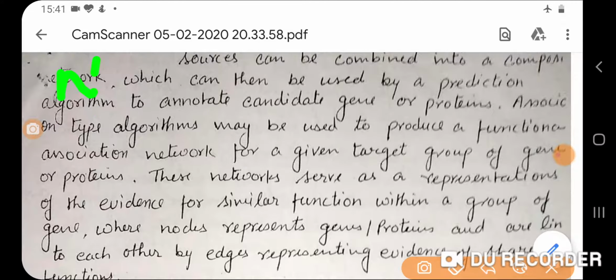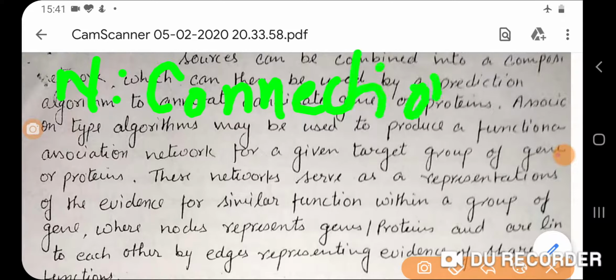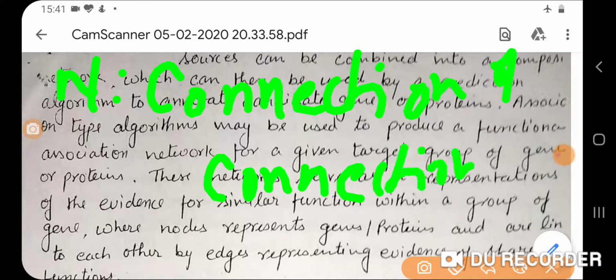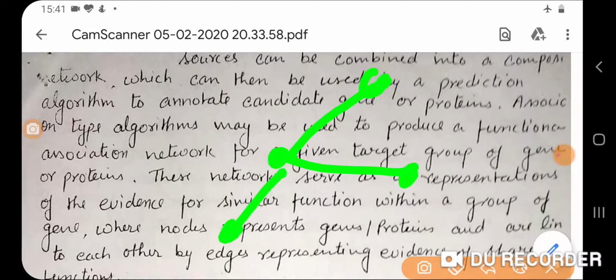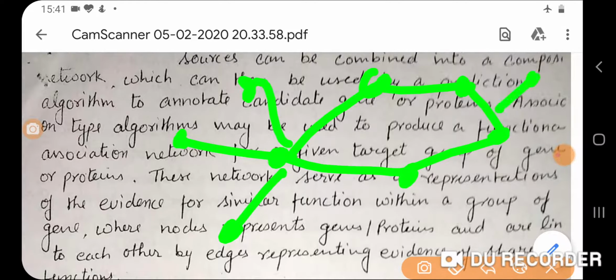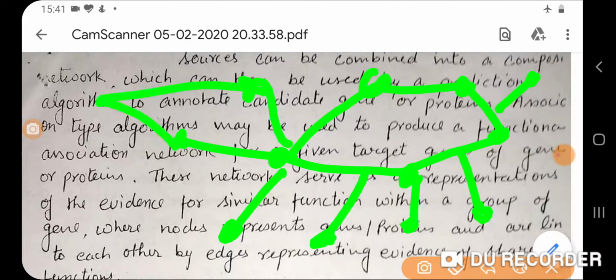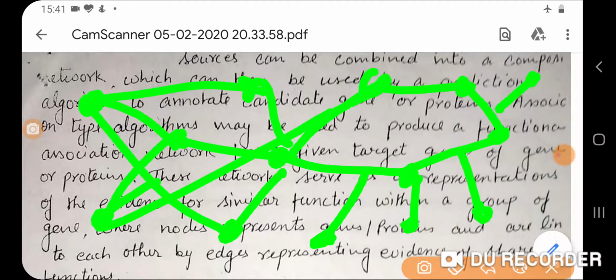Network is connection of connections. The meaning of this is, suppose this one, like this.